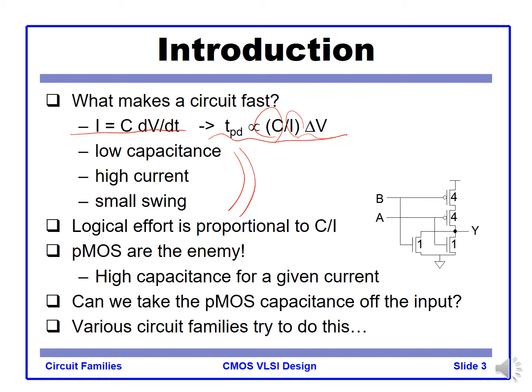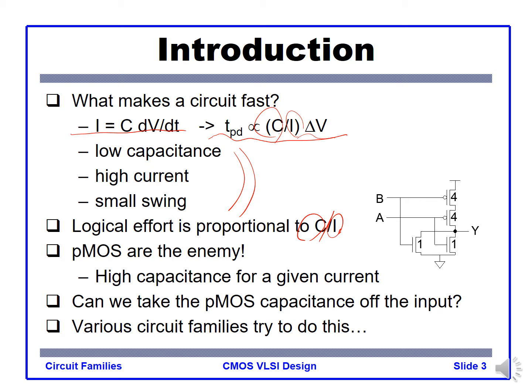The logical effort we have seen is just the concept of representing driving strength, proportional to C over I, the capacitance seen at the input versus the current and driving resistance. If the resistance is smaller, you get a larger current.